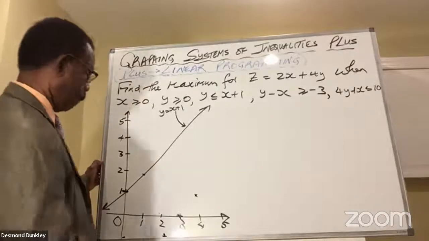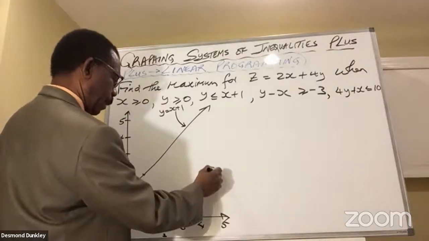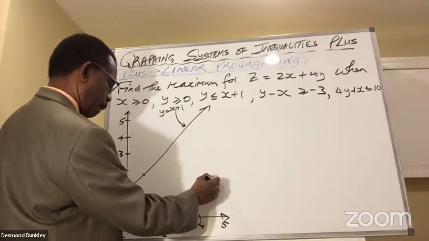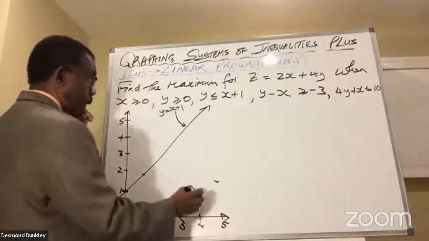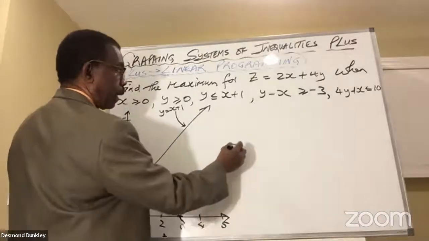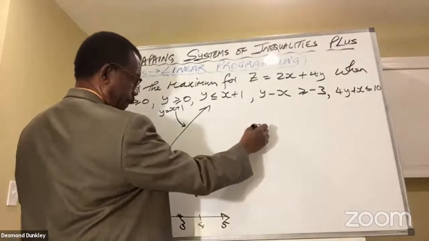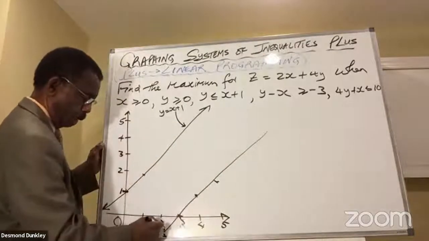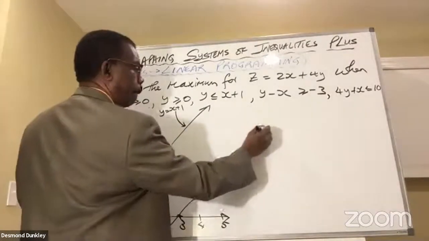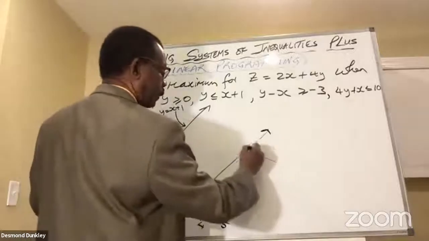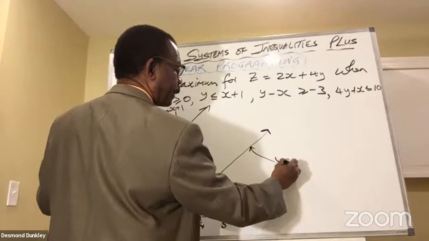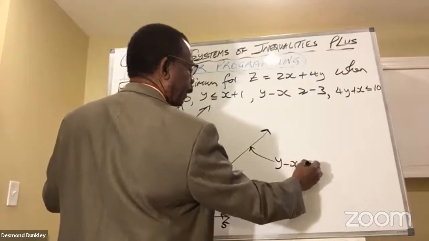When x is 5, y is 2. Okay. Now we have, so this is our line y minus x equal to -3.